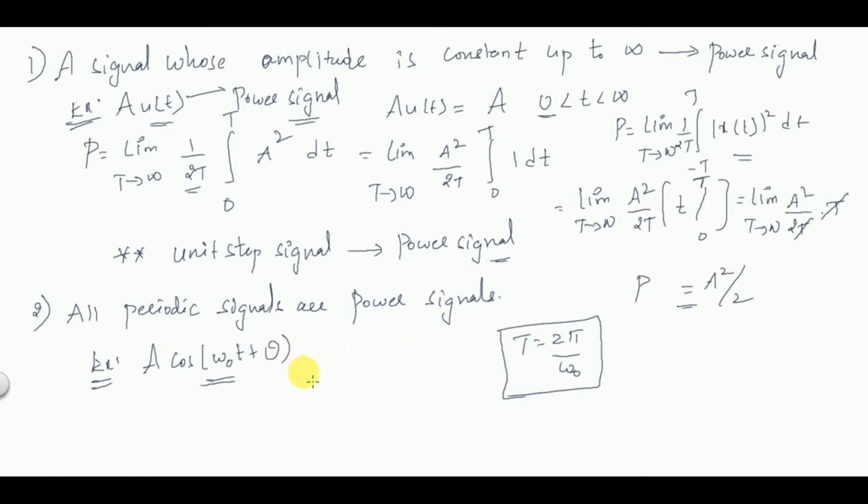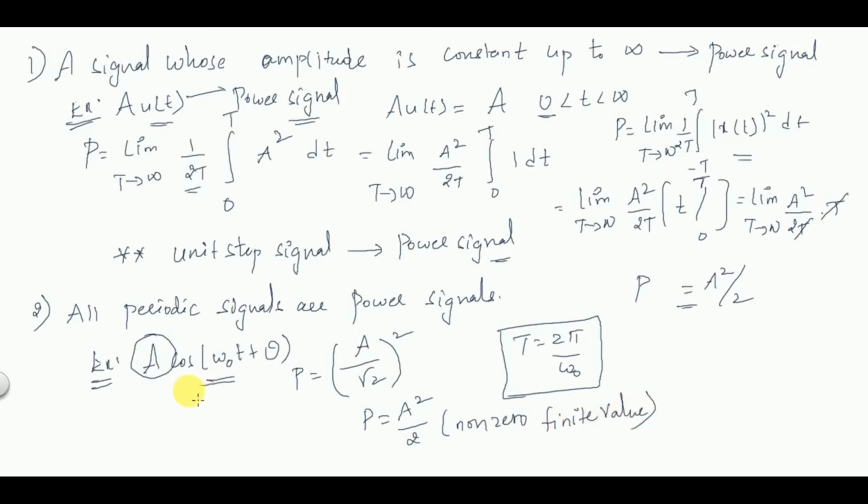If you find the power in this, from the AC analysis also we have seen this is the maximum value. So if you want to find the power, we take the RMS value, A by root 2, and we take its square. That becomes the power. So power is equal to A square by 2. Since power is a non-zero finite value, therefore this is a power signal.